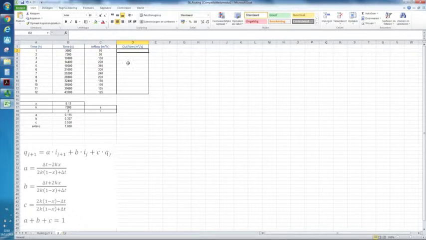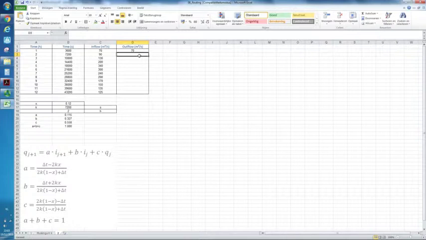Like I mentioned before, we don't know the Q value, so the outflow value at the first time step, so we will assume that this is equal to the first inflow value, as if it would be the value that is always present, something similar, let's say, to the base flow.